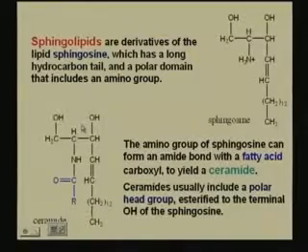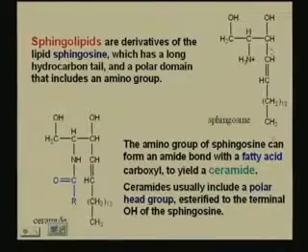So, what do you have in a ceramide? You basically have a sphingosine. What is a sphingosine? These sphingolipids are going to be derivatives of this. It has a long hydrocarbon chain, an NH3 plus attached to it and an OH attached to it.